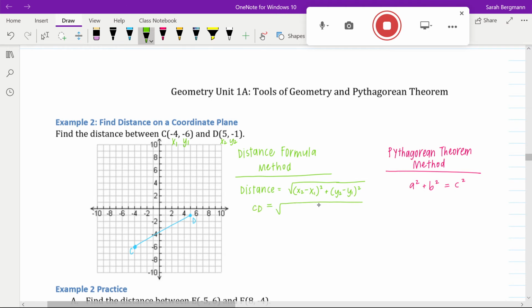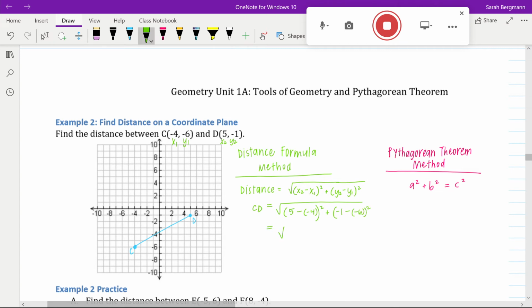So CD is equal to the square root of (x2, which is 5, minus x1, which is negative 4) squared, plus (y2, which is negative 1, minus y1, which is negative 6), and don't forget squared.